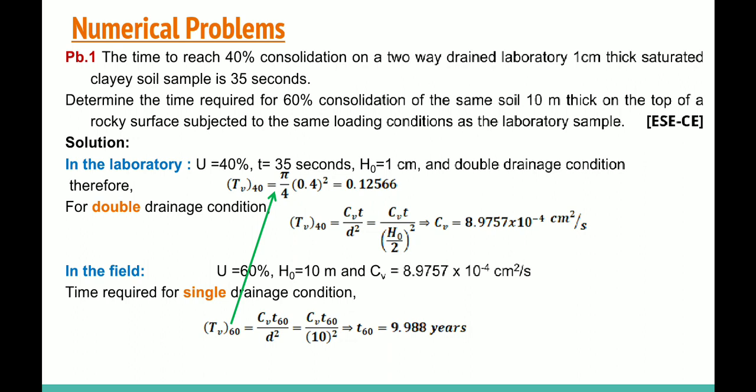So we get some value, and we also have the D. This is the case of single drainage system, so we can write D is equal to H0, not H by 2, right? H0. And we have the Cv value. So by putting all these values in this equation, we can get T60, that is the time required to reach 60% degree of consolidation, and that we get 9.988 years. Are you getting my point? Okay.